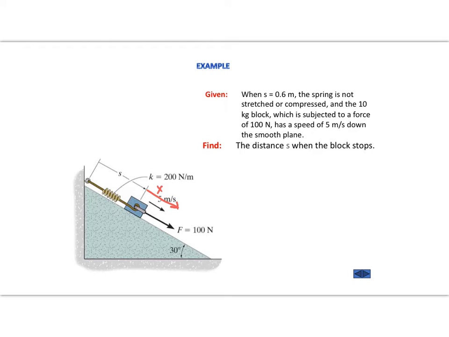We're told that when it's at that location, it has a speed of 5 meters per second, and we're trying to find how far will it go until it comes to a stop.